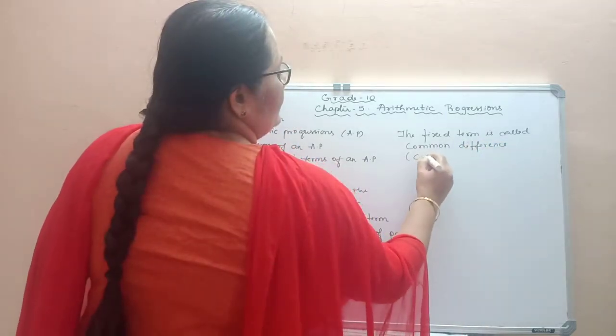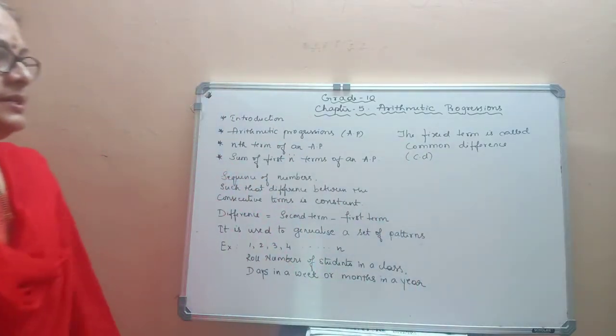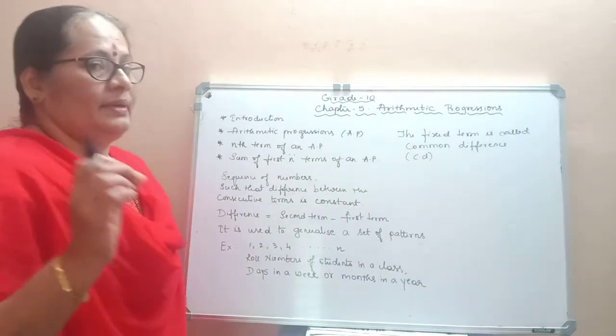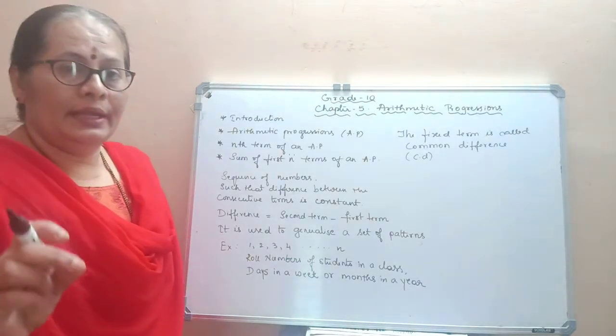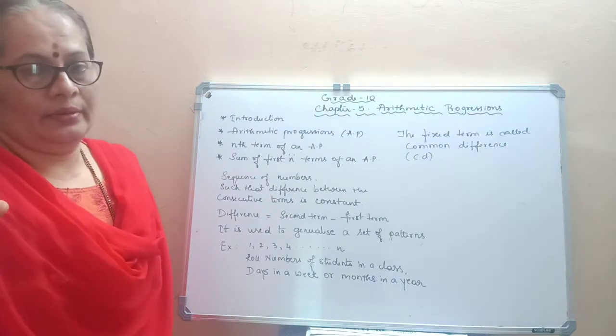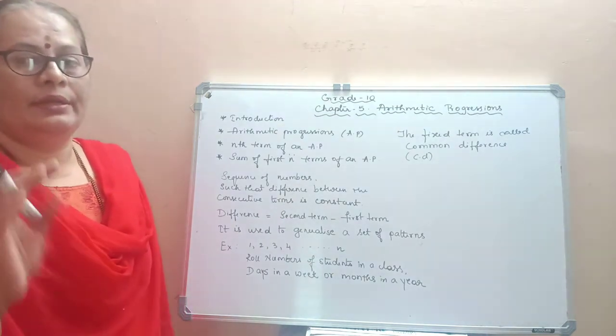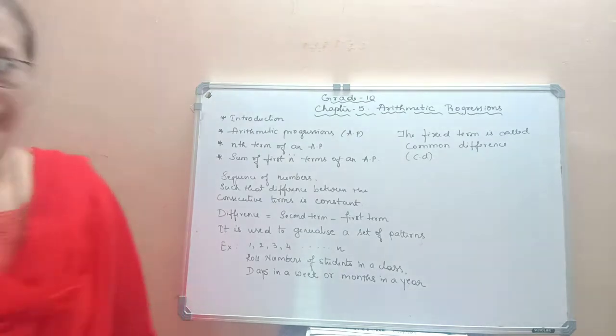In short, we will write CD. The fixed term is called the common difference of the AP. This fixed term can be positive, negative or 0. So, it is not necessary that it should be positive only. It may be positive, negative or 0.